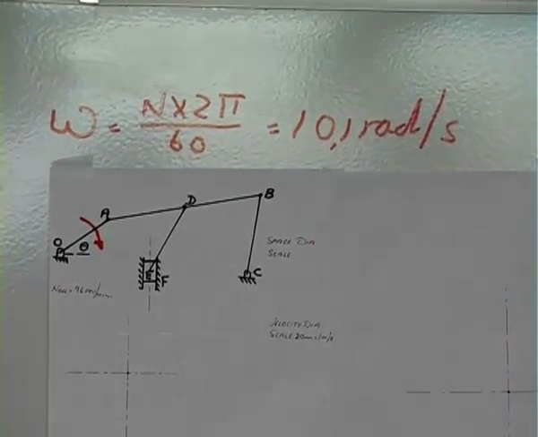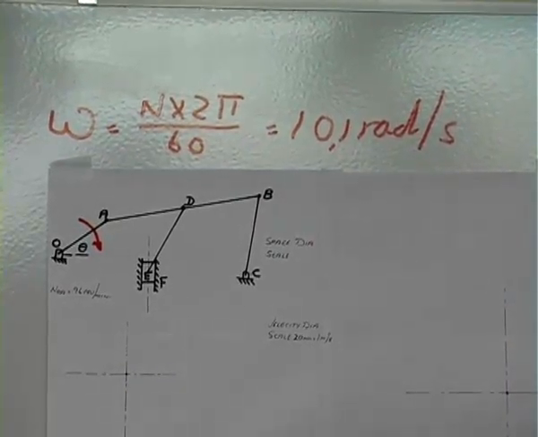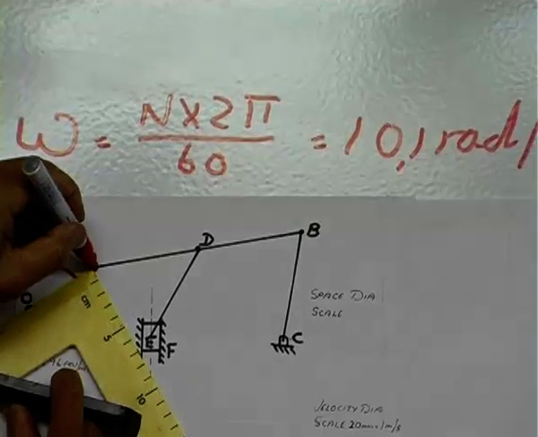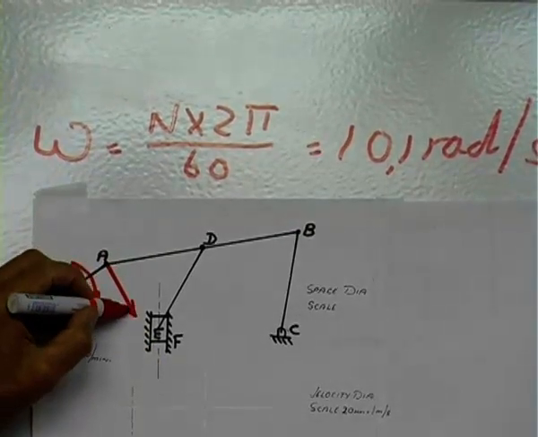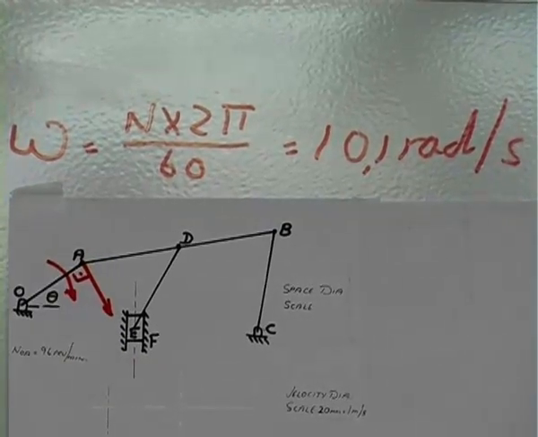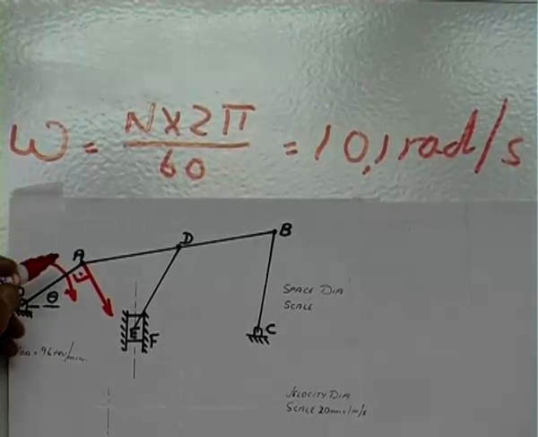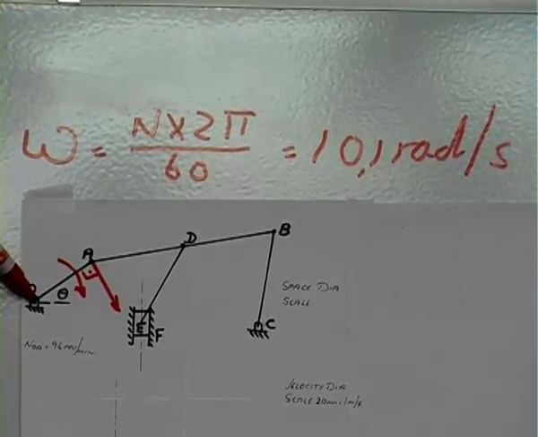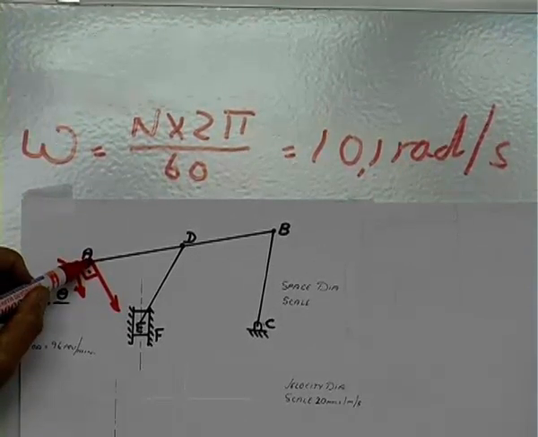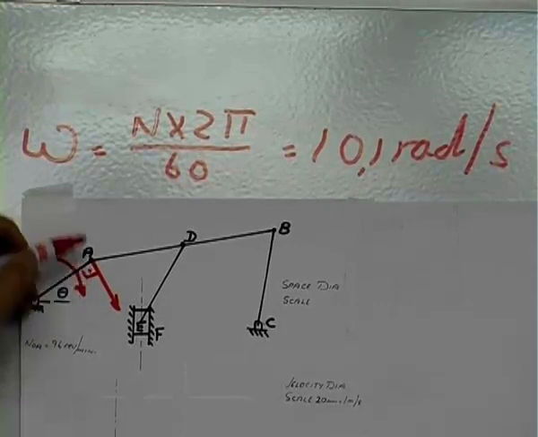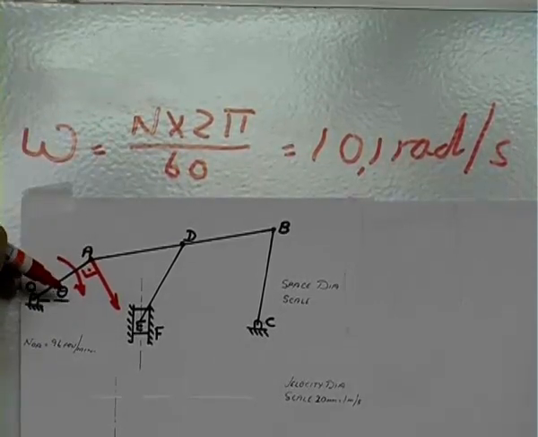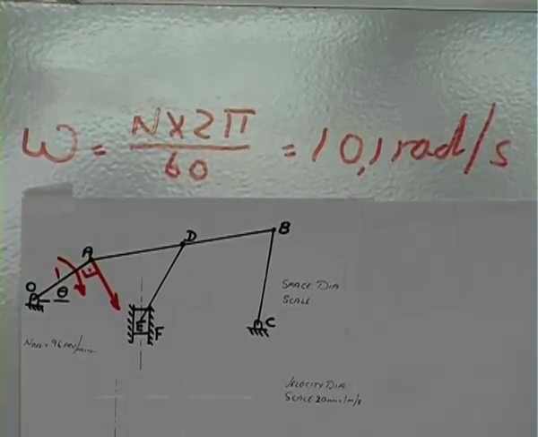So go and stand on O. Observe A. If you take your drawing instruments, that motion will be perpendicular to link OA. So what do we have here? We have the velocity of A relative to O. We can calculate the magnitude. That will be omega times the length of that link. Let's take the link as 1 meter.